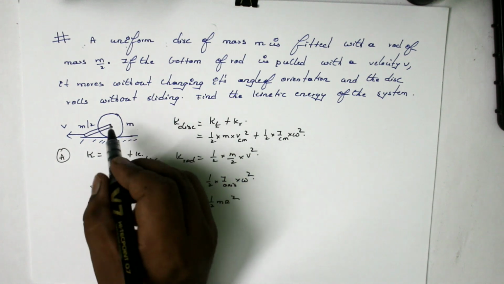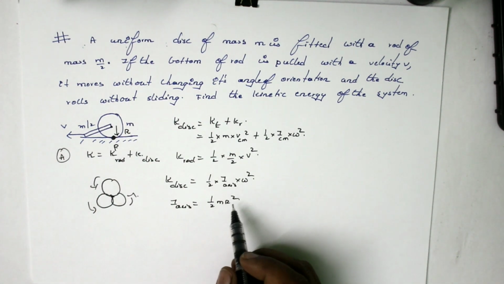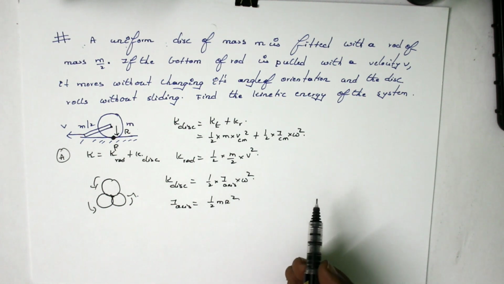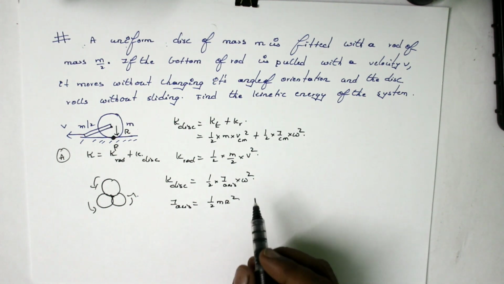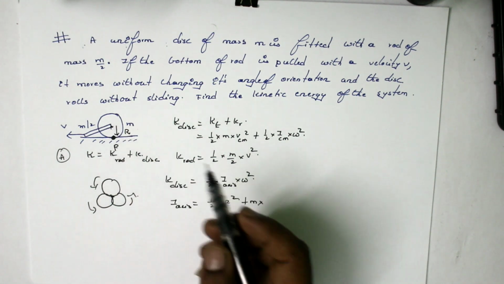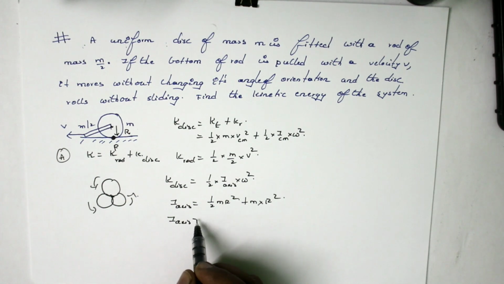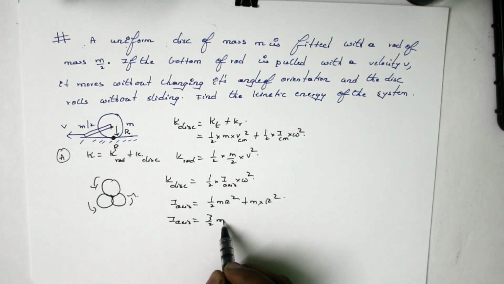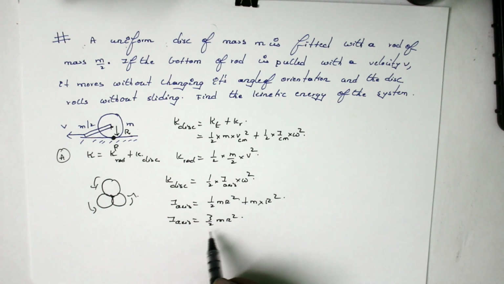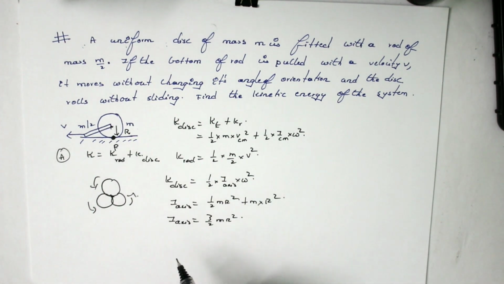Both axes are parallel and separated by a distance of r. So I will use the parallel axis theorem: I is equal to I center of mass plus m d square, where d is the distance between the two axes, which is r here. So r square. So I axis becomes 3 by 2 m r square. This is the total moment of inertia of this disk around this axis.